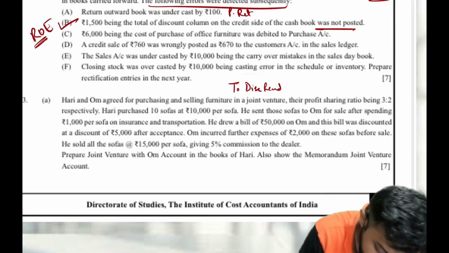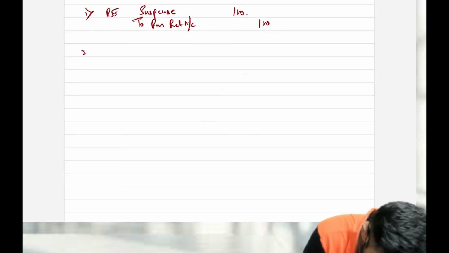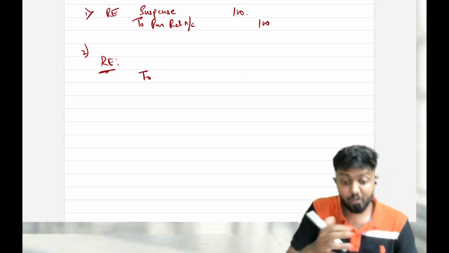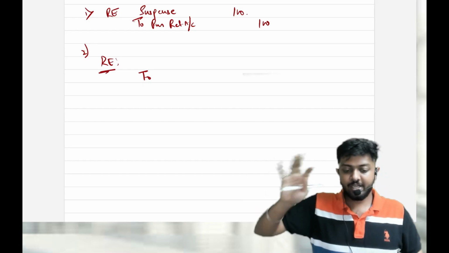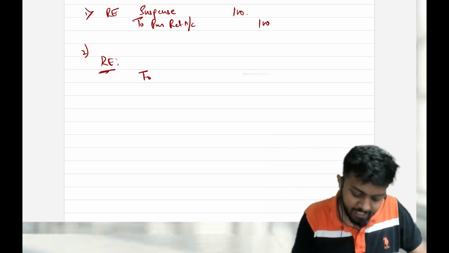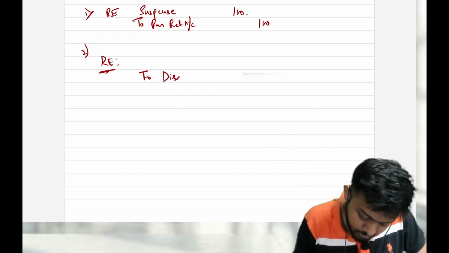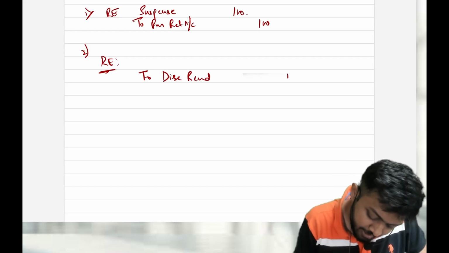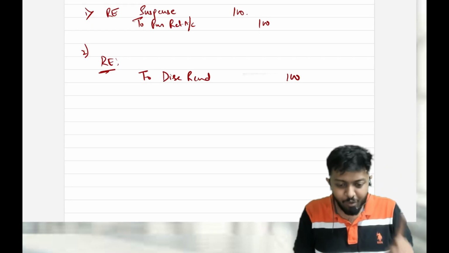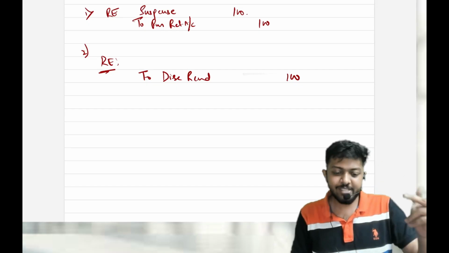So the second rectification entry: discount received is not posted only. It's like commission, record it now. Discount received, income increasing, credit 100. Debit what? It's a one-sided error. Sir, why? Discount received total is not posted, and the other aspects are correct.